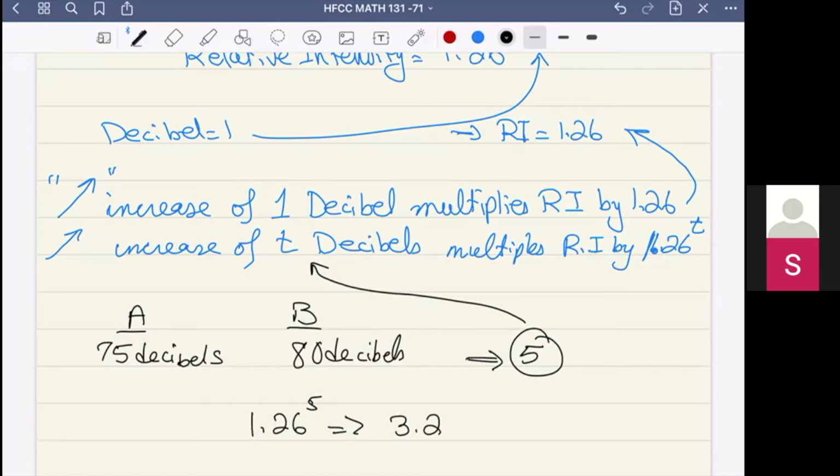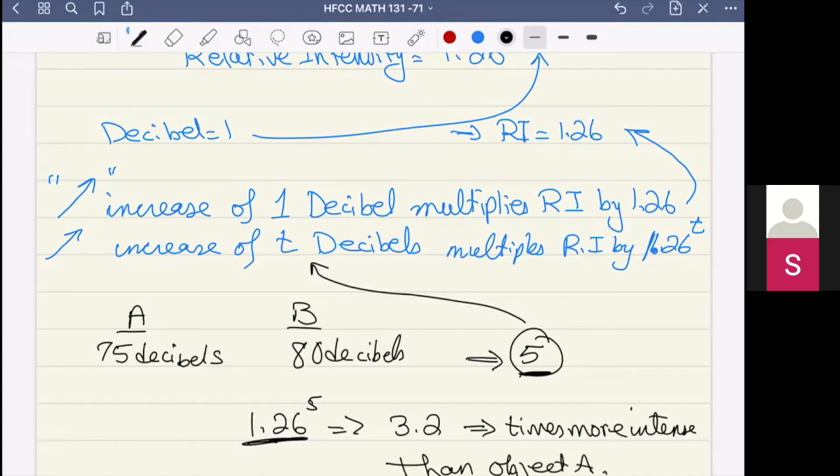So we'd say that sound B is about 3.2 times as intense as sound A. Because it was 5. So 1.26 to the power 5 is 3.2 times more intense than sound A.